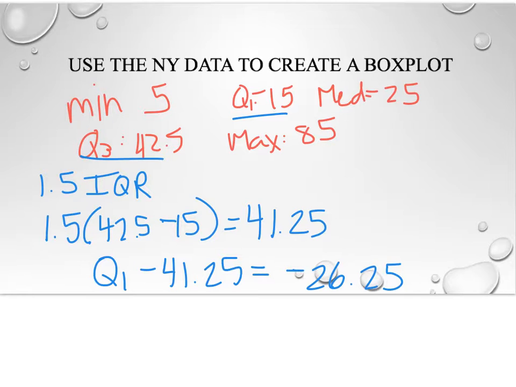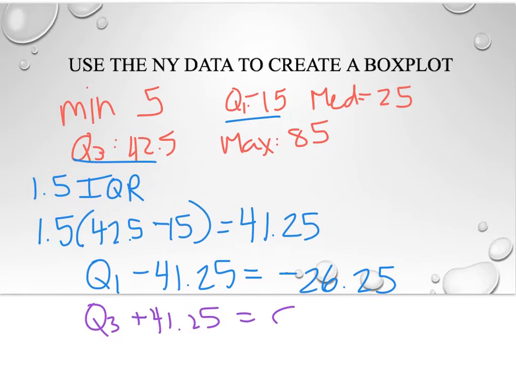Well, then let's check our upper bound. We want to do our Q3 plus 41.25. So when we add our Q3, which is 42.5, plus our 41.25, we'll get 84.25.